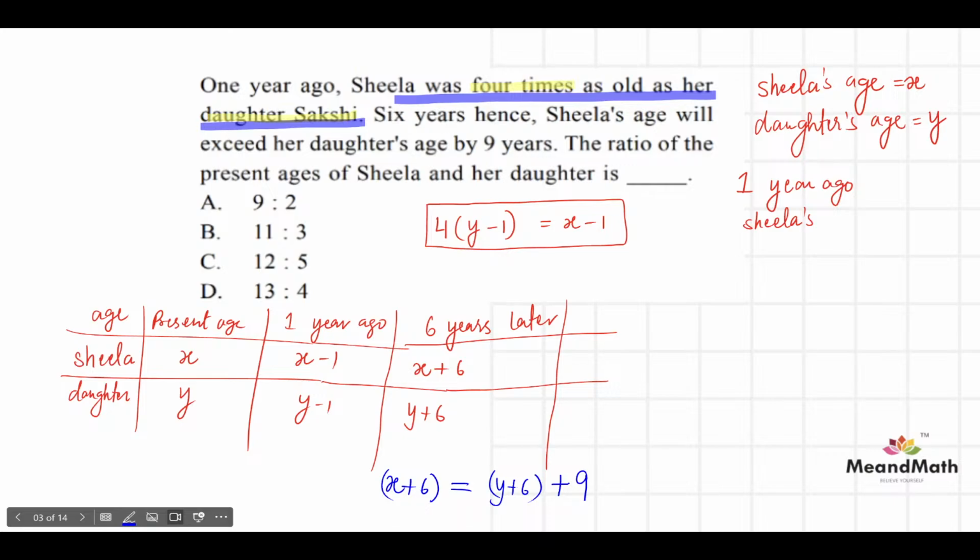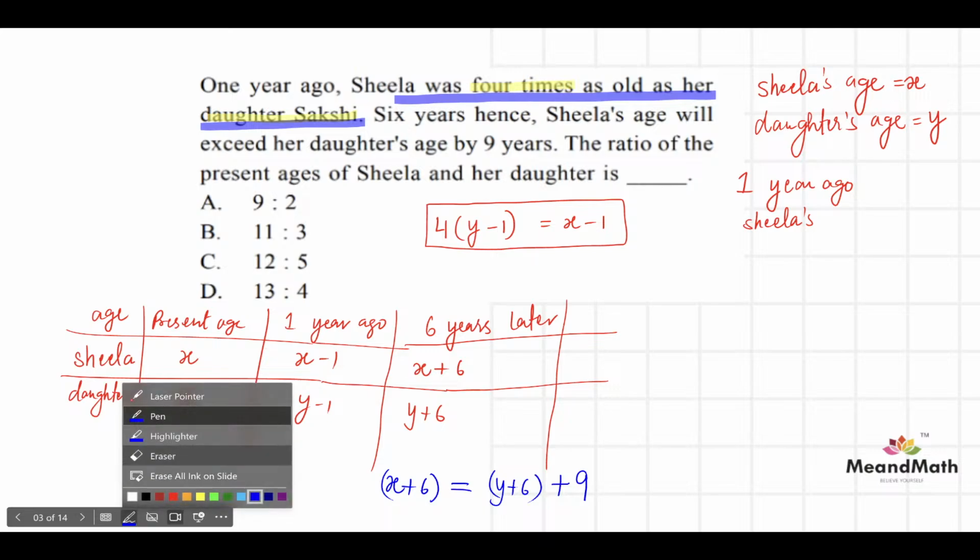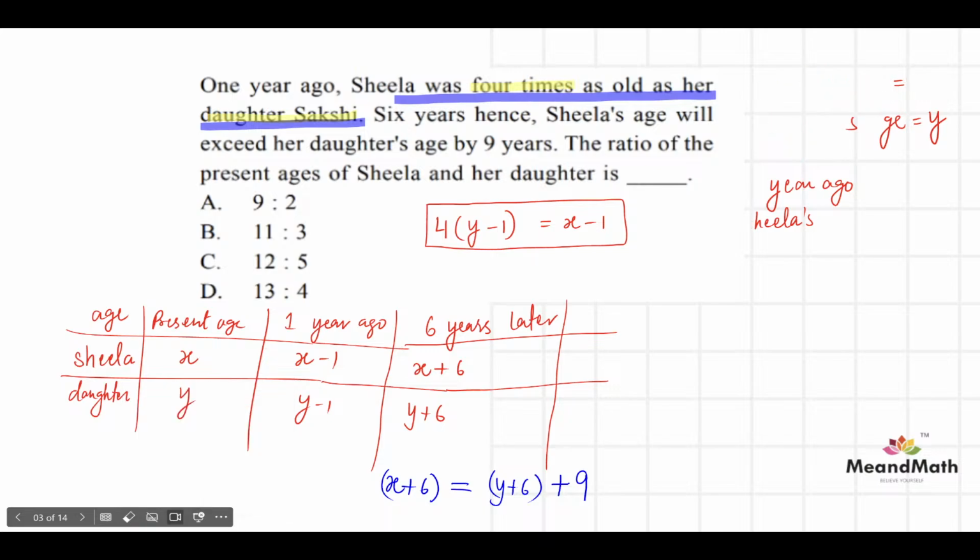We have to find out the ratio of present ages because we have two conditions, so two equations are given there, and we have to solve these two equations simultaneously and find our answer. So let's get started with solving the equation. That is the final thing. I can remove this information because that is included in the box.